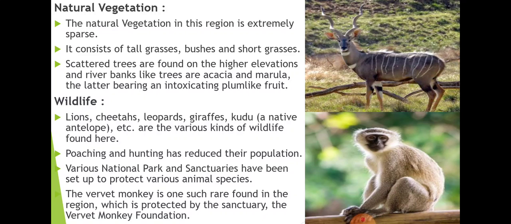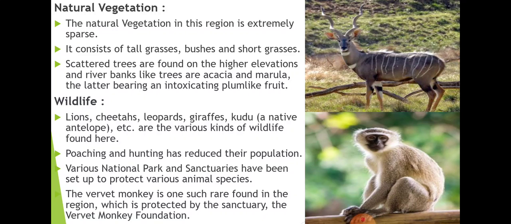Wildlife is also affected by that. So here a very small number of animals are found, like lion, cheetah, leopards, giraffe, kudu. Kudu is an antelope which is found in the wild only. Also, here people have started poaching, meaning hunting and killing the animals.